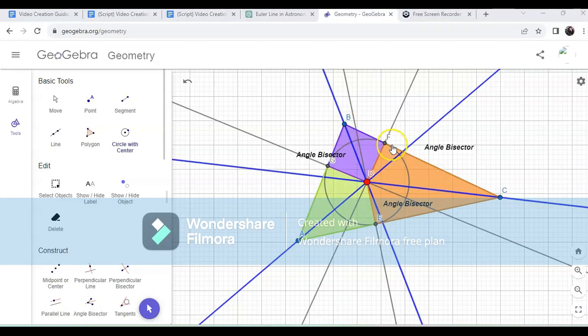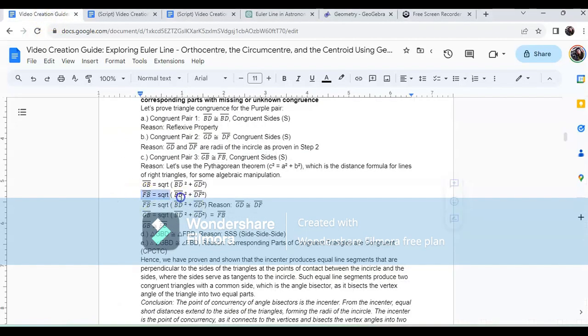Also, side BF or side FB is missing, yet side DF is given, and side BD is given. So we're going to square FD, square BD, get a sum, and get a square root. So we have the second equation here. FB is equal to the square root of the square of side BD plus the square of side DF.